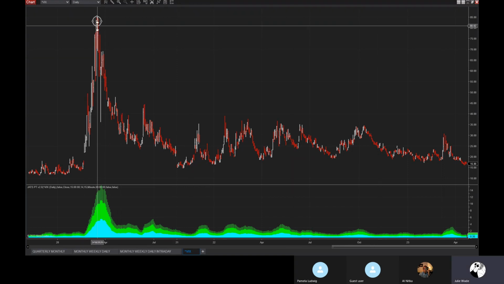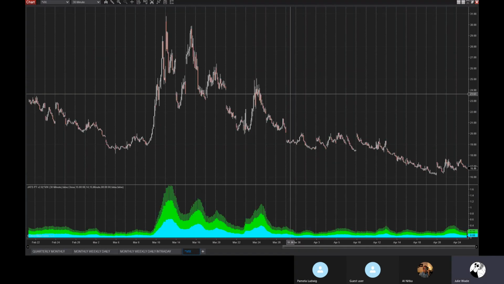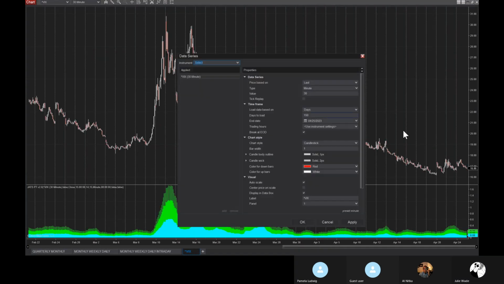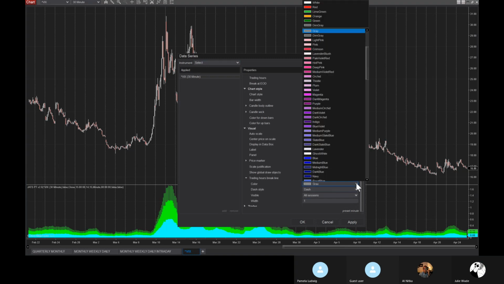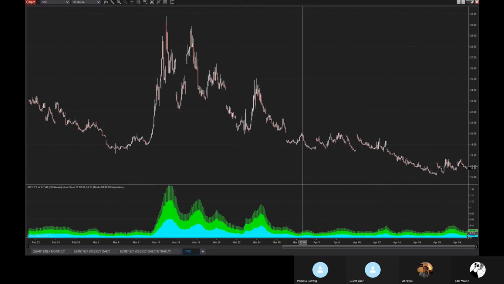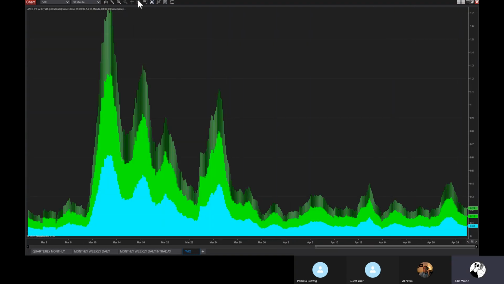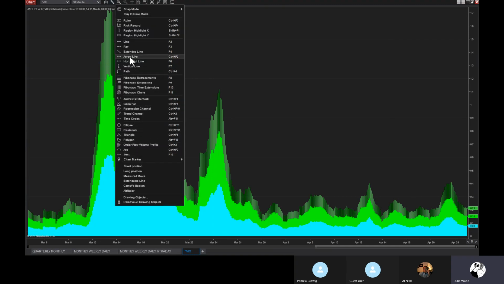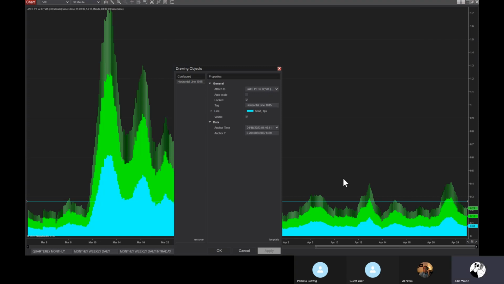And change it from a daily to a 30-minute. Look how low that is. Yeah, the volatility is extremely low on the range. And we are going down.